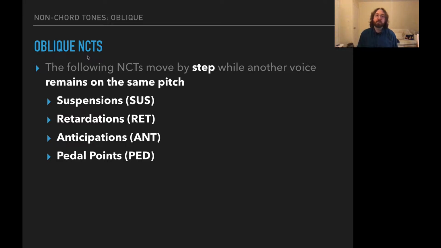I should point out that sometimes you will have anticipations and pedal points that don't involve stepwise motion, but it is very common. When we are dealing with suspensions and retardations, almost 100% of the time, these will involve stepwise motion while another voice remains on the same pitch.